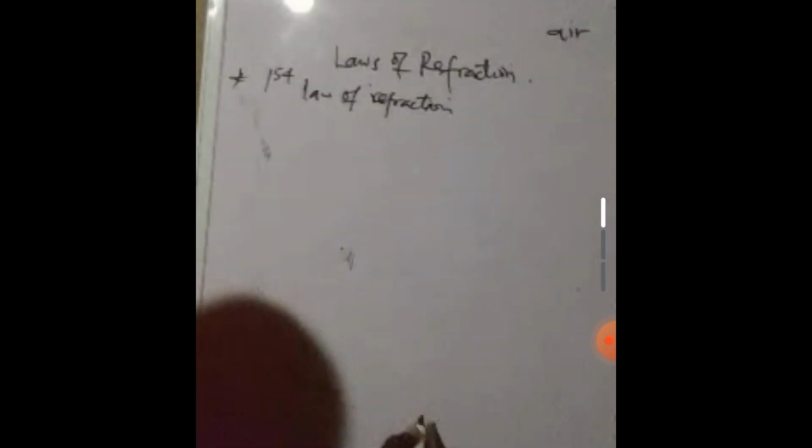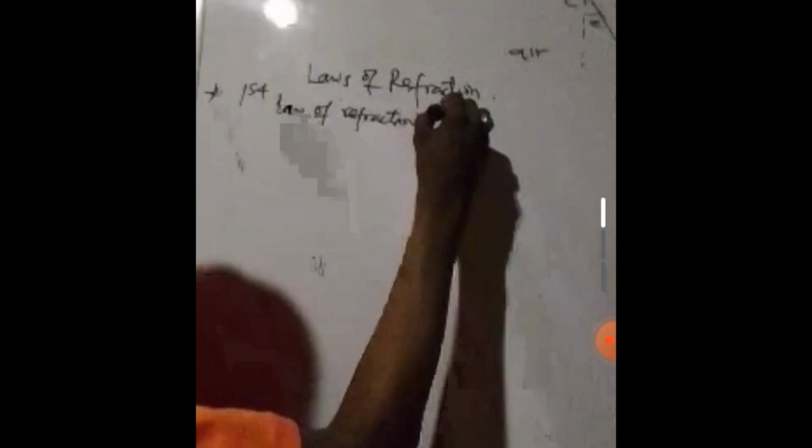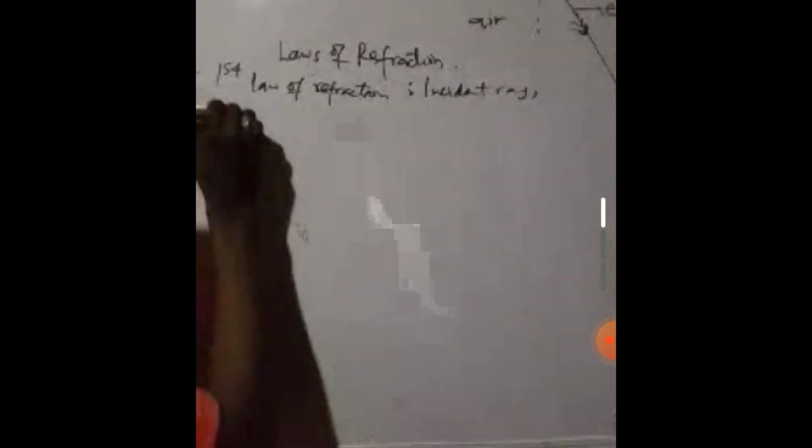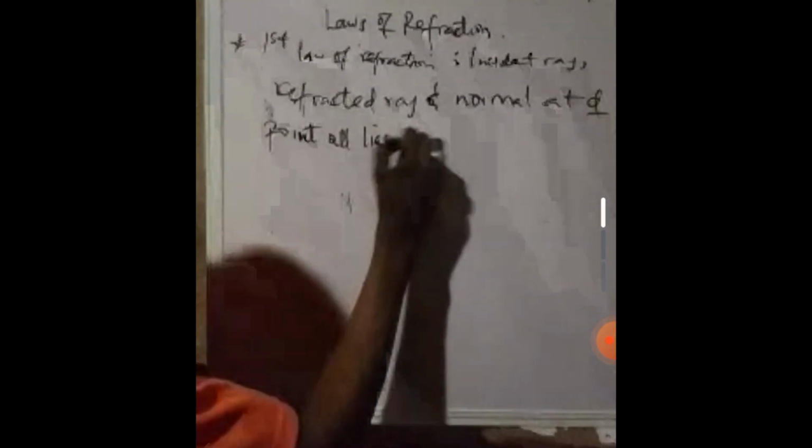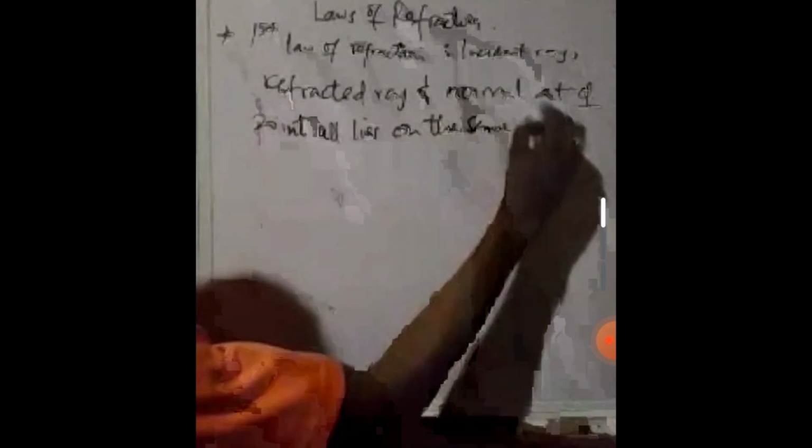So I'm going to write it here. First law of refraction says that the incident ray, refracted ray, and normal at the point all lie on the same plane.